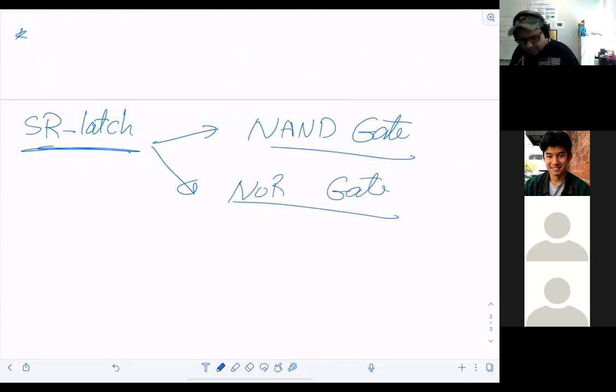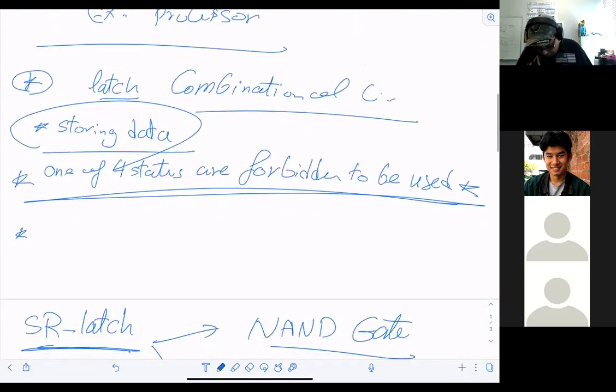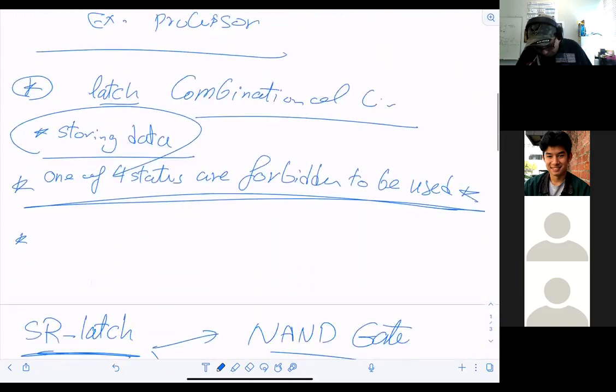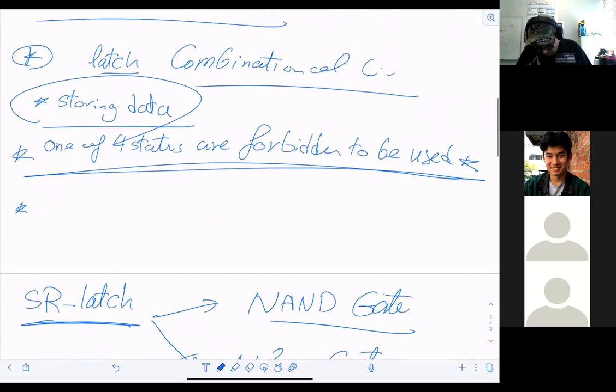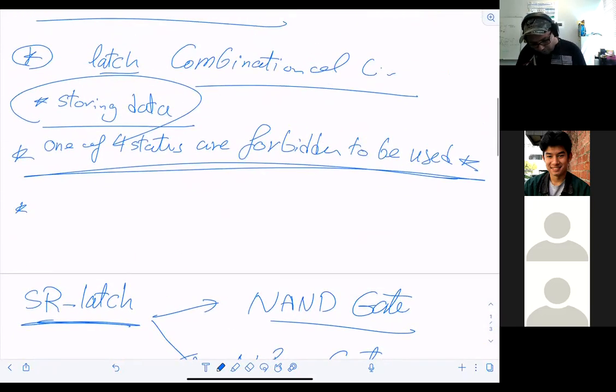As students, and as somebody learning digital logic, what exactly do you need? What was in his notes? One of 4 states are what? I think it says it right there, Professor. It says one of 4 states. Oh, 1 of 4 states, yes. There are 4 states, right?